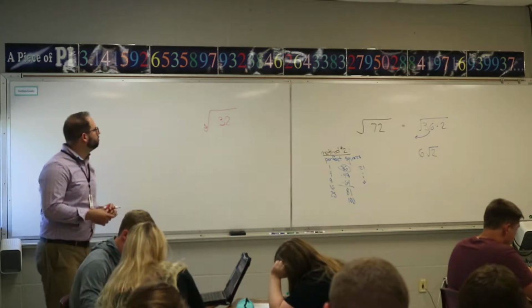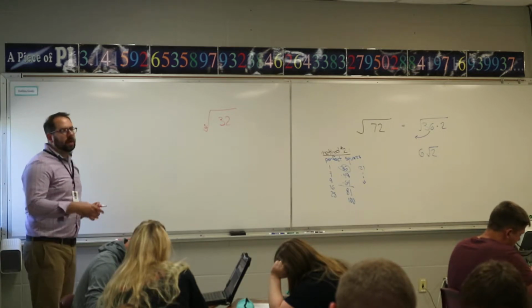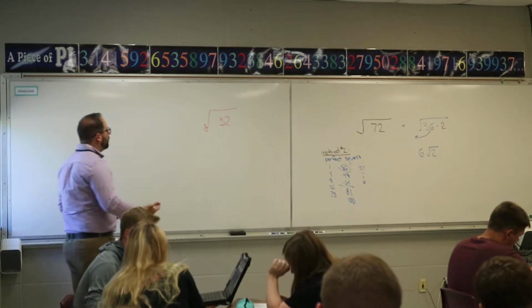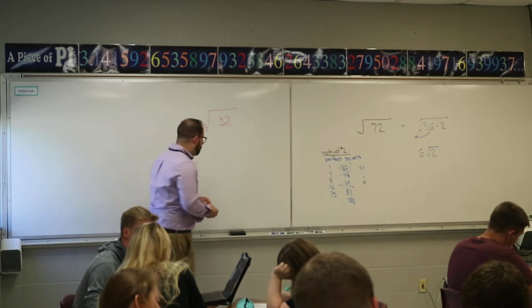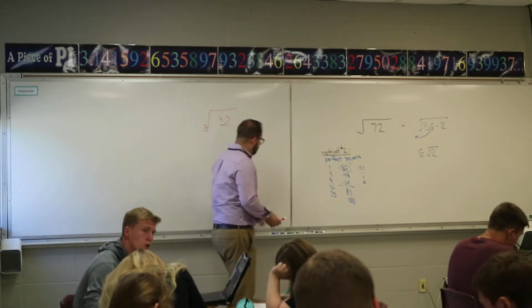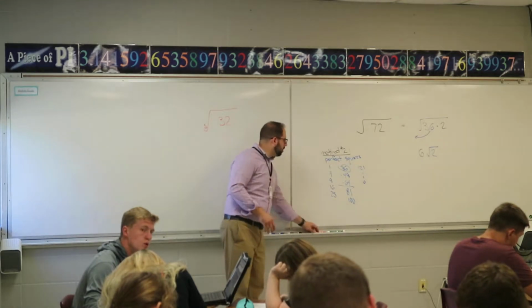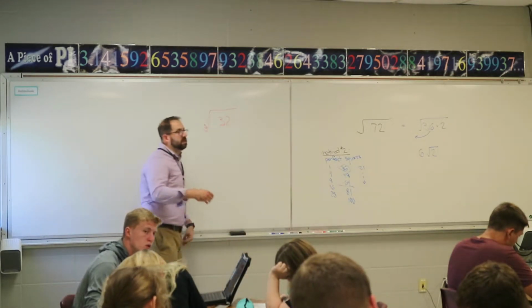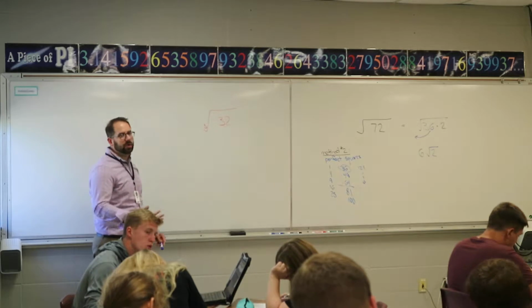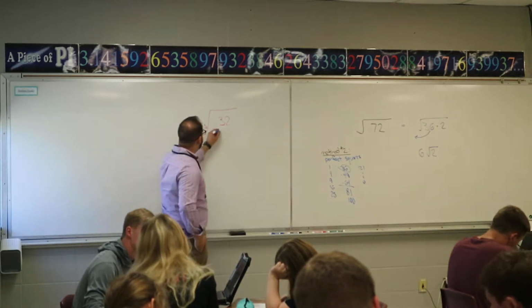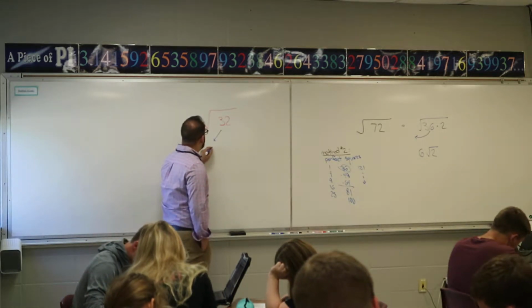Cube root of 32. Okay, so what we're doing here, if we're doing it by method number one, you're trying to figure out the first numbers that you know go into 32. So if this is by method number one, here's what I split it up into.